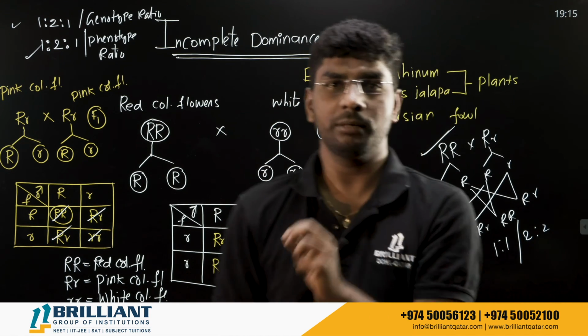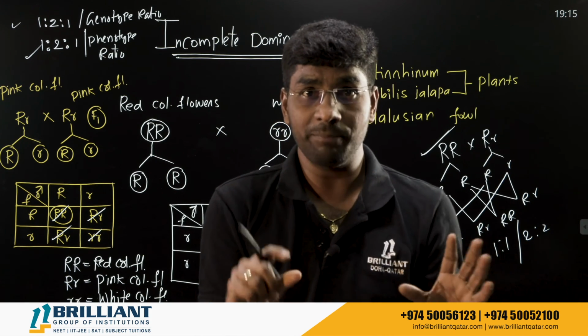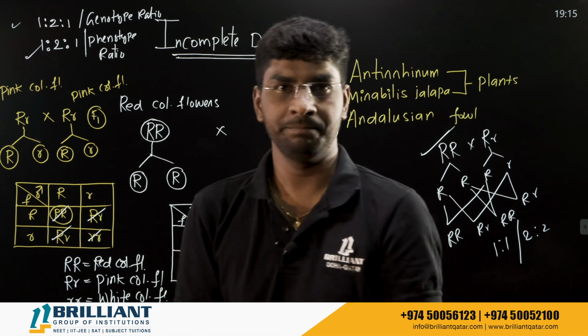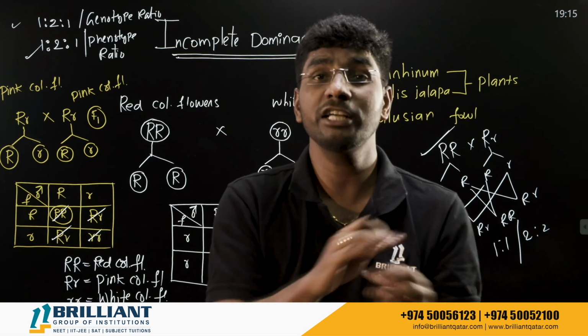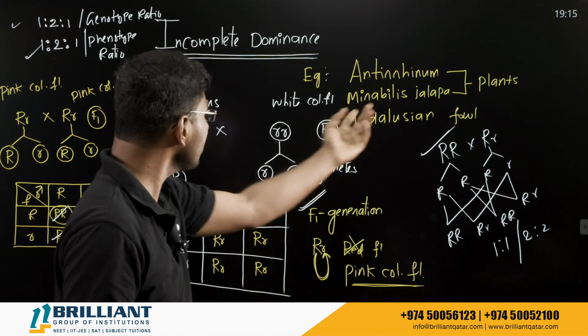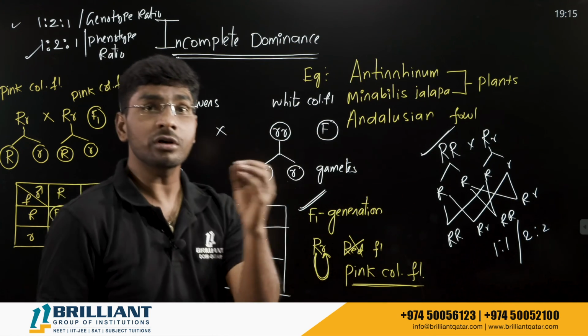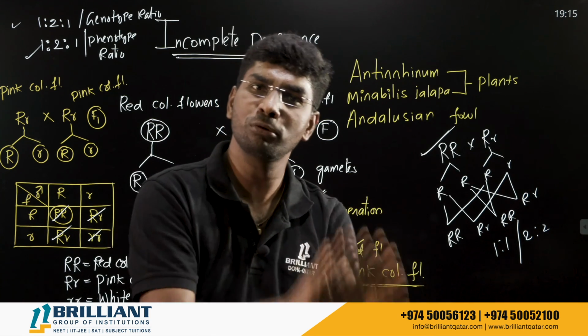One more important point, keep in mind students. If in the examination a question comes, red color flower of pea plant, don't go with incomplete dominance, because pea plant is not an example of incomplete dominance. Did I give the example of pea plant here? No, sir. So if red color flower of pea plant is coming, you just go with the Mendelian cross only.